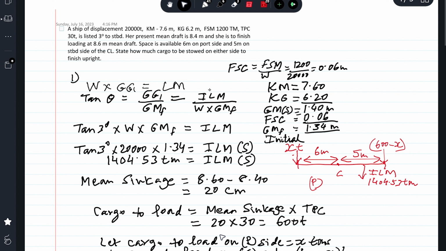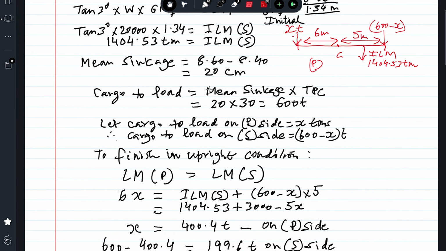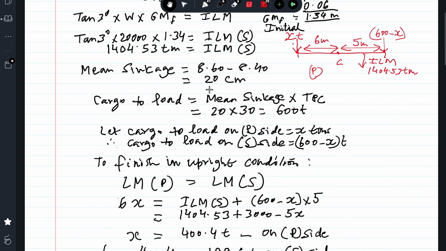TPC given in the question is 30 tons, and sinkage will be 20 centimeter. So sinkage into TPC gives me 600 ton. Total cargo to load is 600 ton.